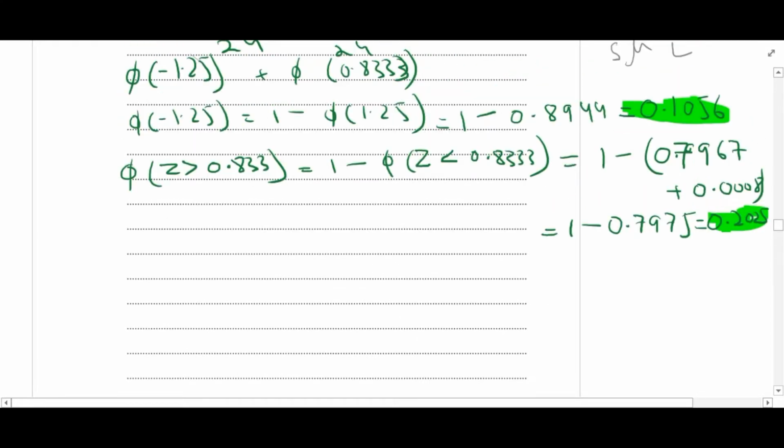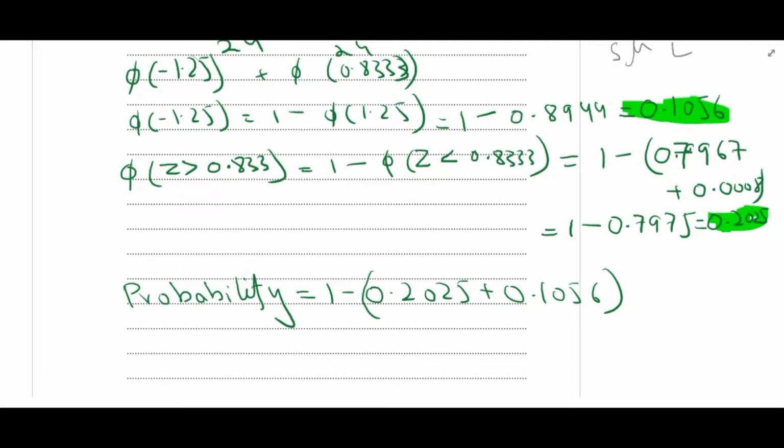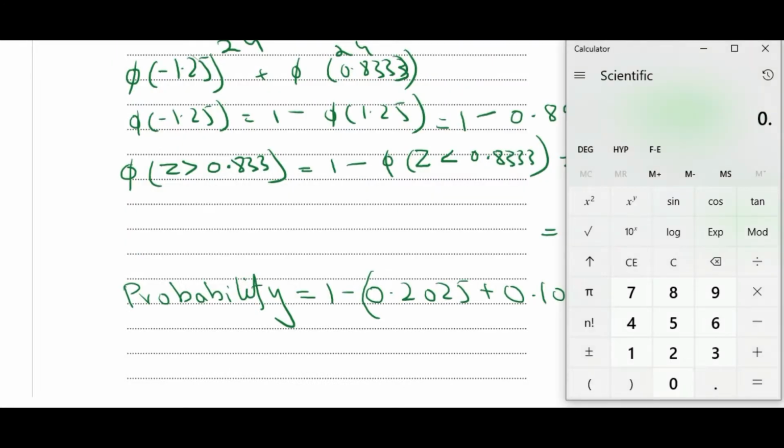So the probability is equal to 1 minus 0.2025 plus 0.1056. 0.2025 plus 0.1056 is 0.3081.